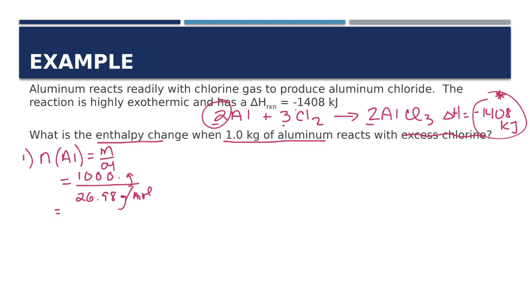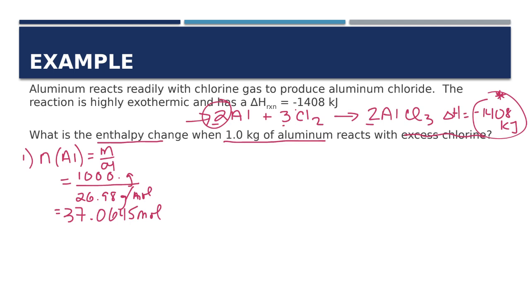So we divide that out and get a new mole value of 37.0645. This is a lot of moles, far more than 2, which tells me that the energy released when I react 37 moles of aluminum is going to be far greater than negative 1408.